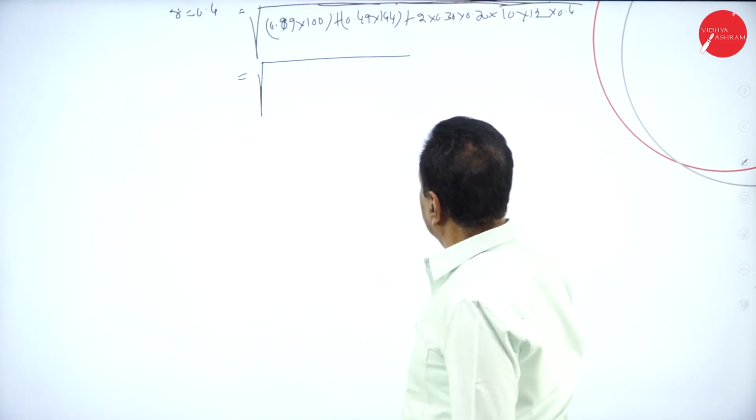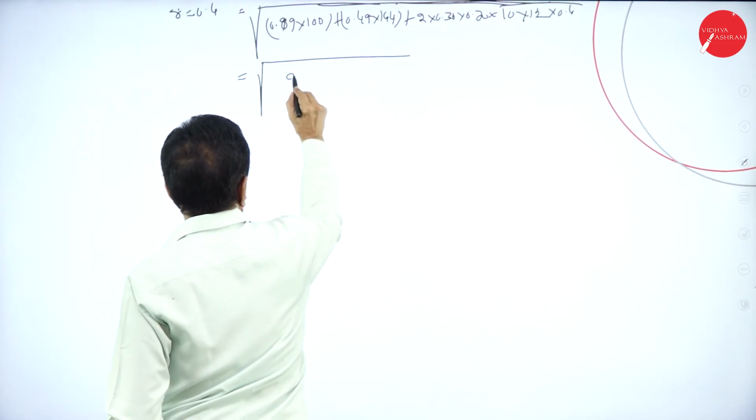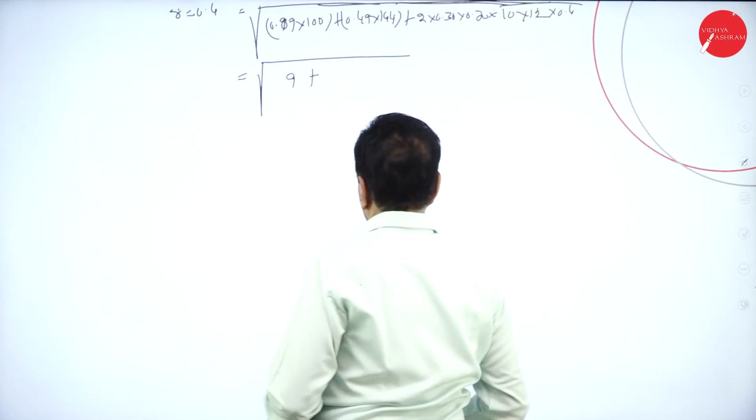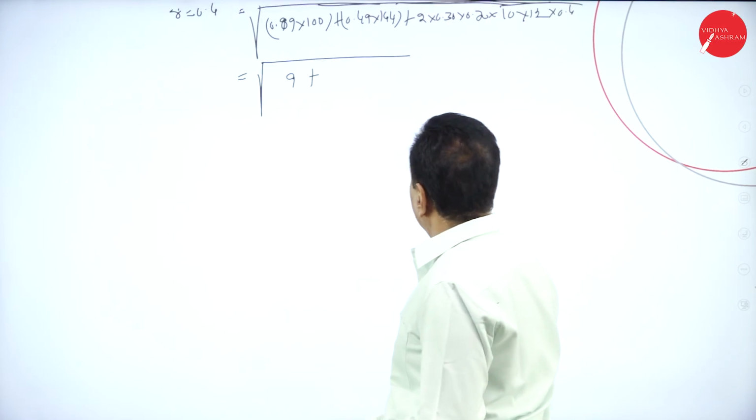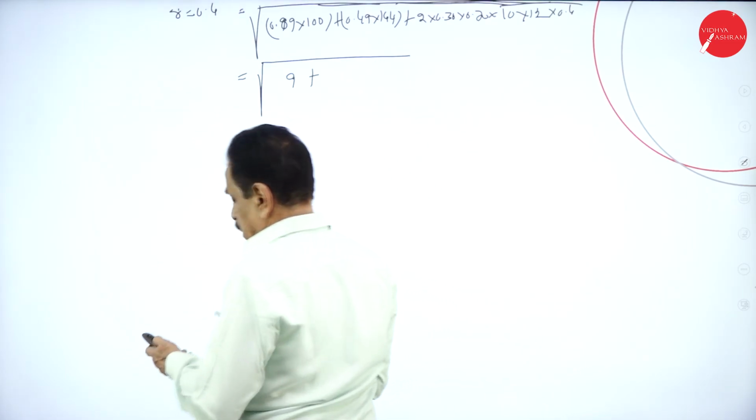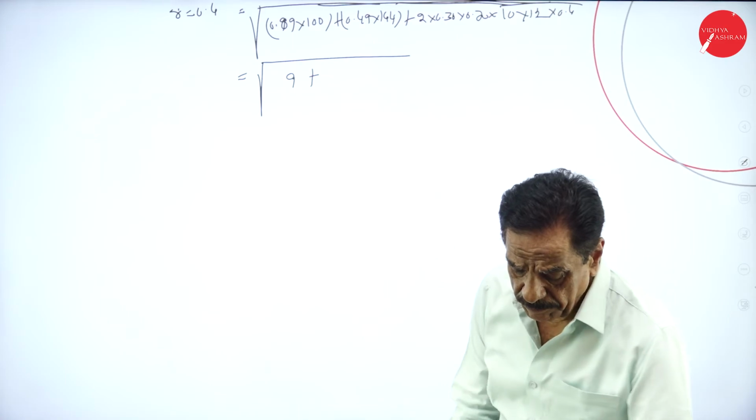0.09 into 100, this is 9, plus this is 70.56. If you want, I can repeat once again.